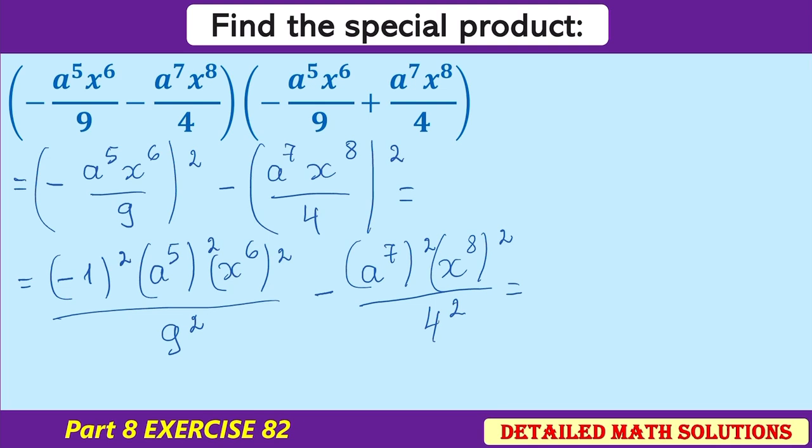This simplifies to a to the 10th power x to the 12th power over 81 minus a to the 14th power x to the 16th power over 16.